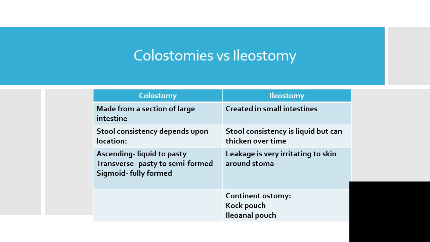Stool consistency depends upon where it is. If it's in the ascending colon, further up, the output is going to be more liquid to pasty. If it's in the transverse colon, it'll be pasty to semi-formed. And the sigmoid colon is going to be more fully formed, with the consistency of what we would consider a normal bowel movement.